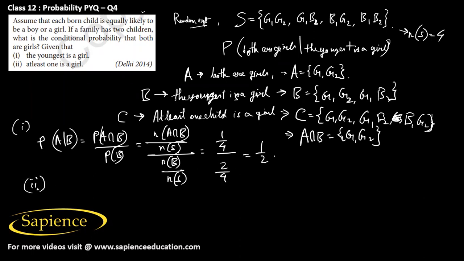And then in the second part, it is told, the probability that both are girls, given that at least one is a girl.